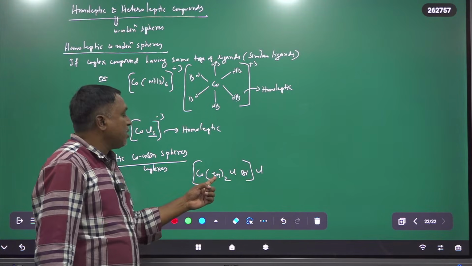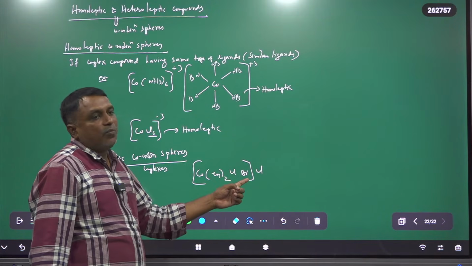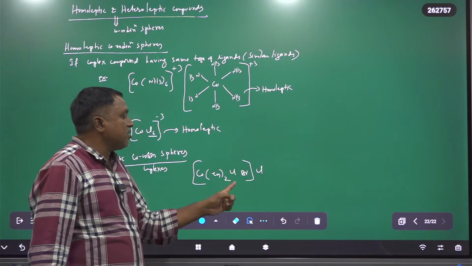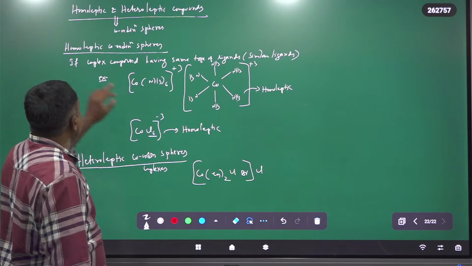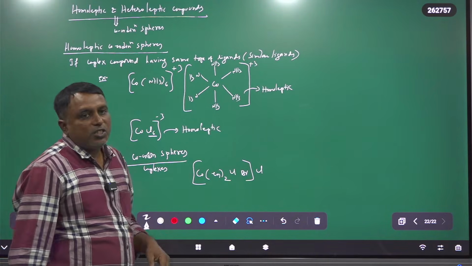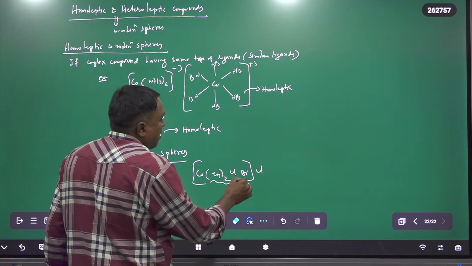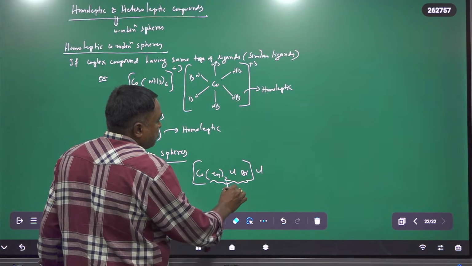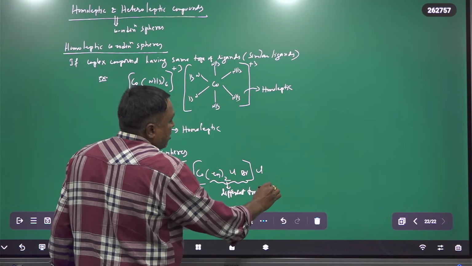So in the coordination sphere there are 3 different types of ligands. One is en, another is Cl and another is Br. So all the ligands are different. En is different, Cl is different, Br is different. If a complex compound has different types of ligands in the coordination sphere, they are heteroleptic coordination spheres. Not the same, different types of ligands.